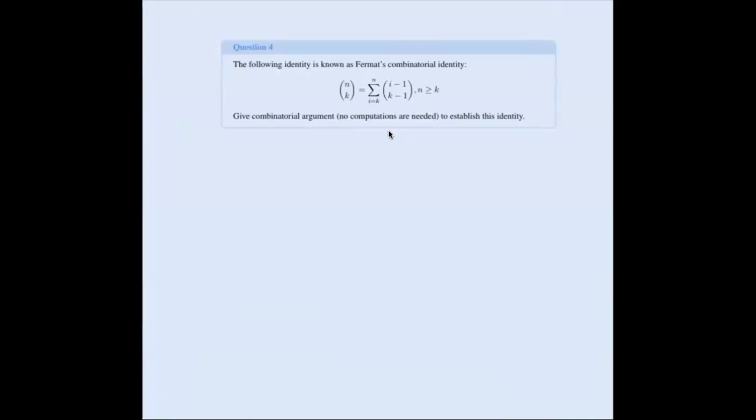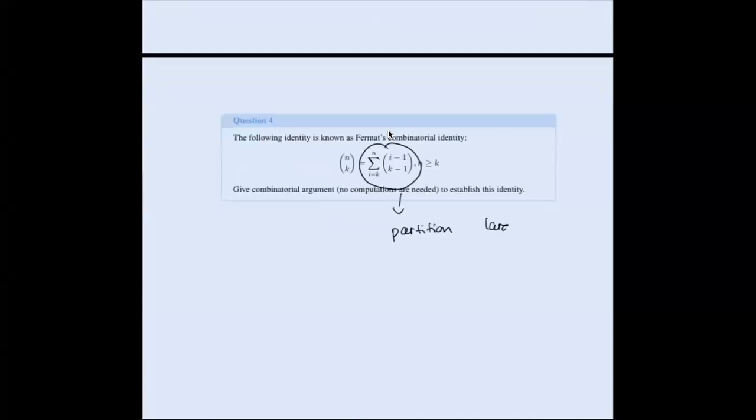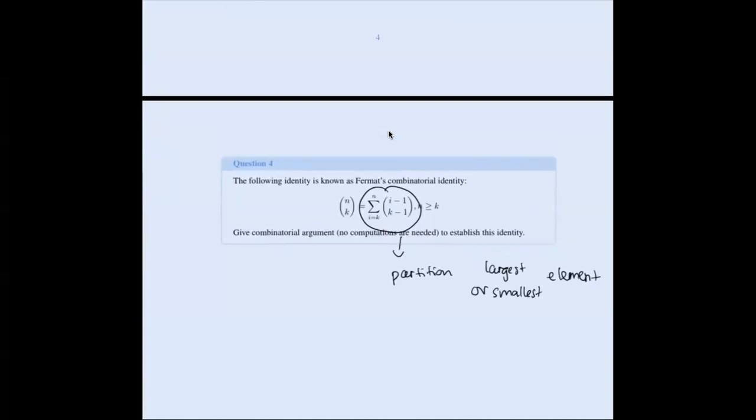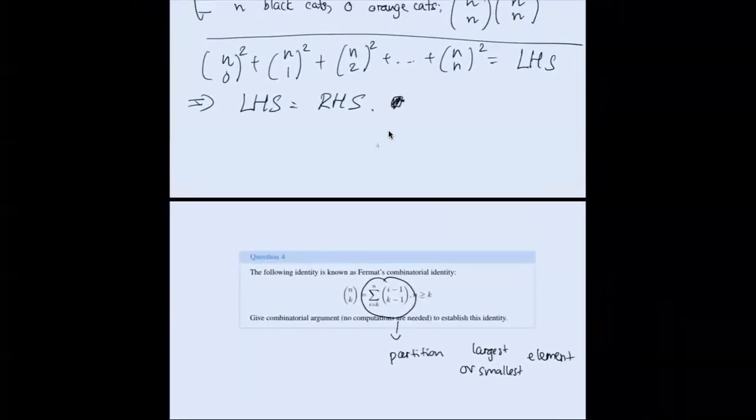What I can give you as a hint is that you will want to partition based on the largest or smallest element of the subset. You will need time to think about this. If you got stuck, feel free to post on Piazza.